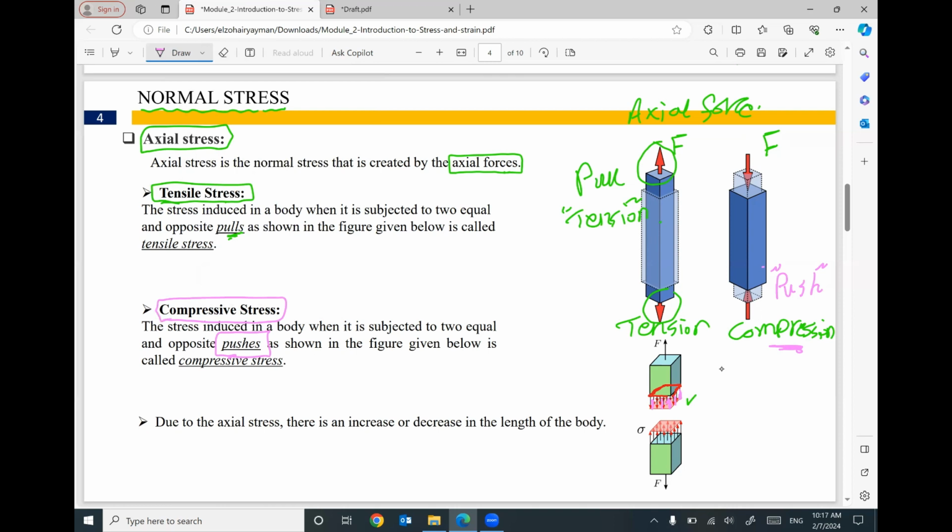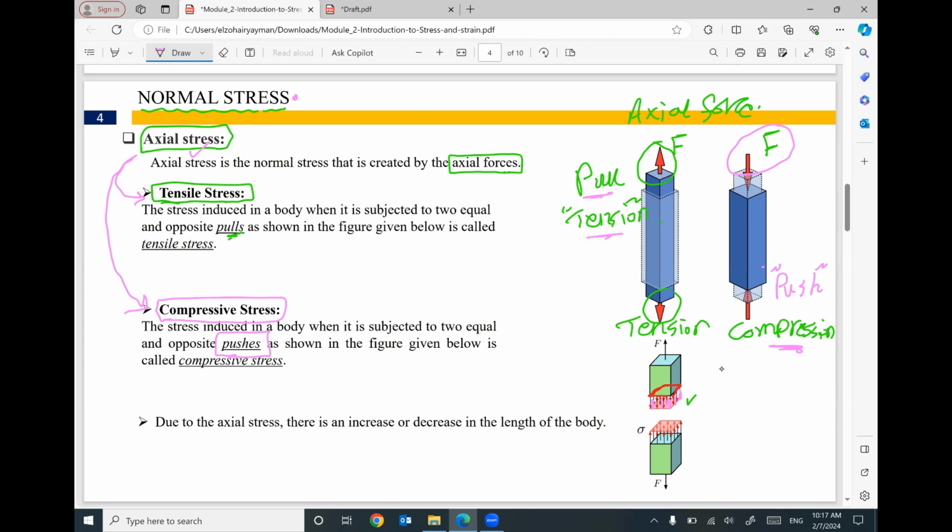So please be familiar with these expressions. Normal stress that is created by axial force can be called axial stress. So axial stress originally is a normal stress. This axial stress can be tensile stress if the applied force is pulling or causing a tension. And this axial stress can be called compressive stress in the case where you have a force pushing the member and causing compression.